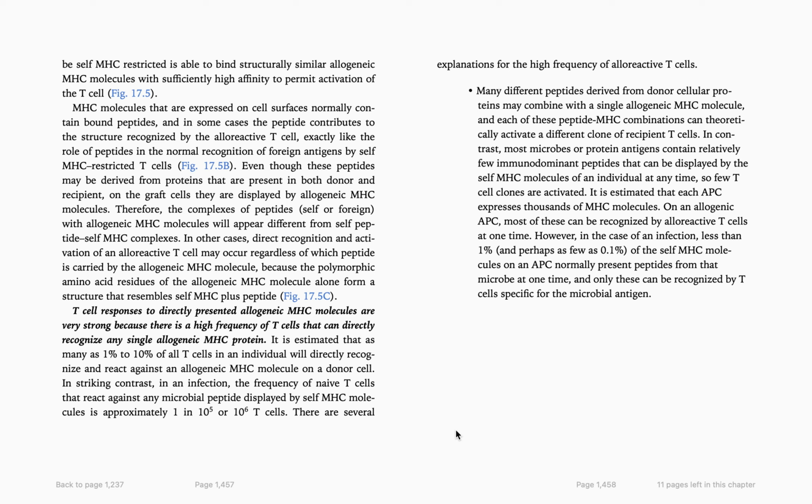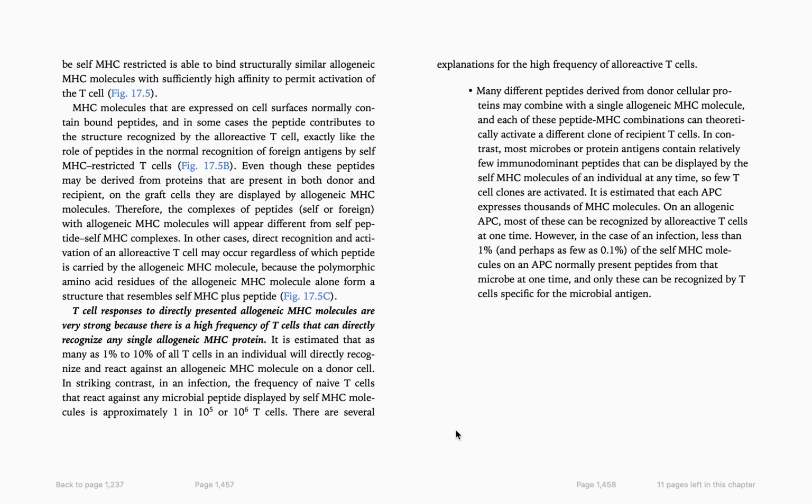Therefore, the complexes of peptide, self or foreign, with allogenic MHC molecules will appear different from self-MHC complexes. In other cases, direct recognition and activation of alloreactive T cells may occur regardless of which peptide is carried by the allogenic MHC molecule, because the polymorphic amino acid residues of the allogenic MHC molecule alone form a structure that can resemble self-MHC plus peptide.